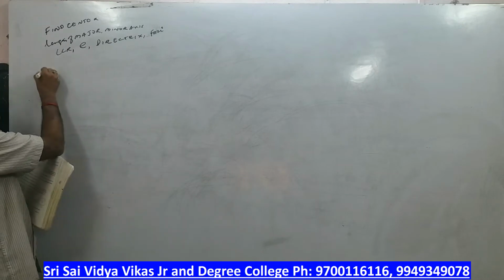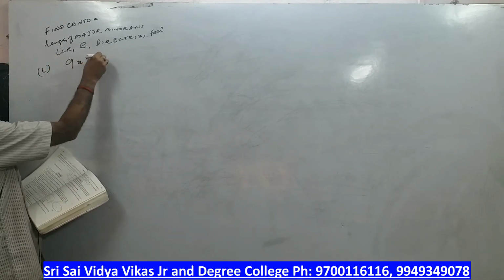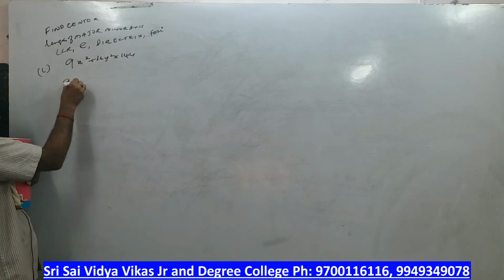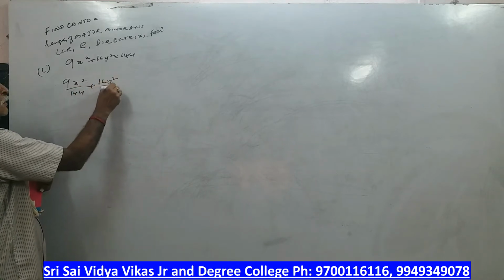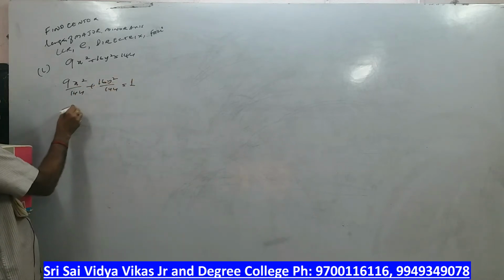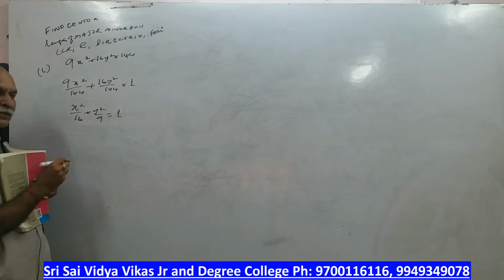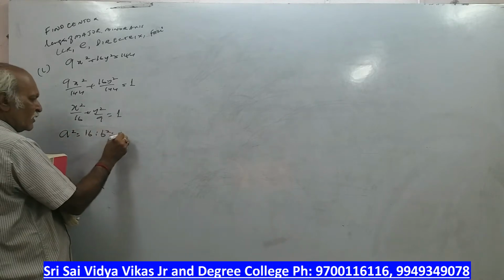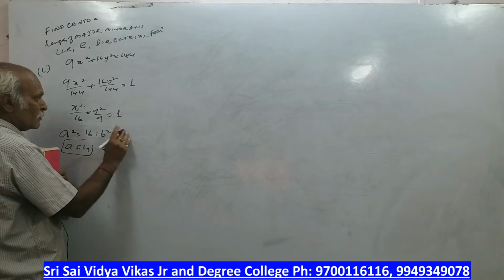So the first one is 9x square plus 16y square is equal to 144. Divide by 144, is equal to 1. So x square by 16 plus y square by 9 is equal to 1. Here a square is equal to 16, b square is equal to 9. a is equal to 4, b is equal to 3.